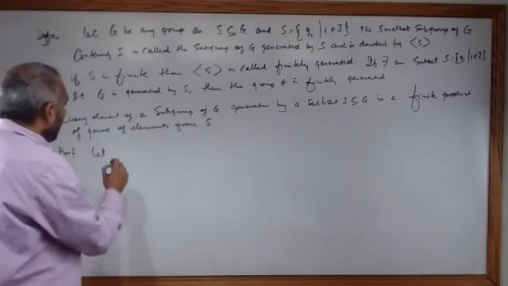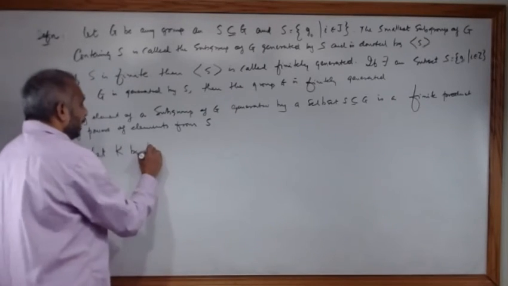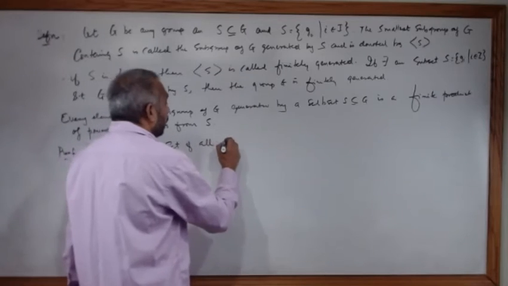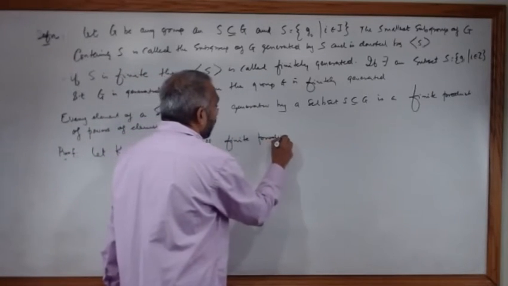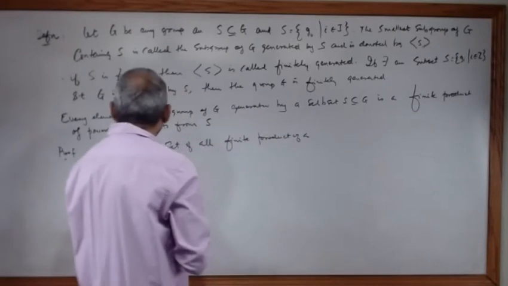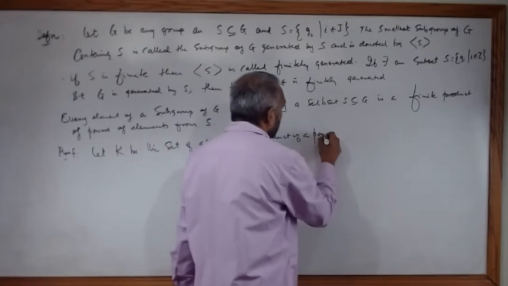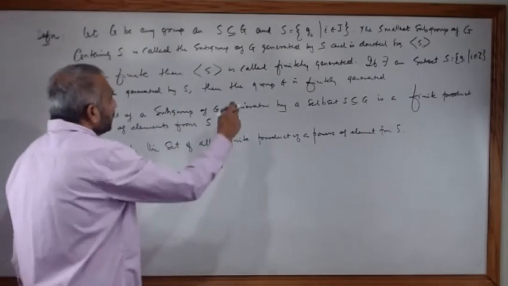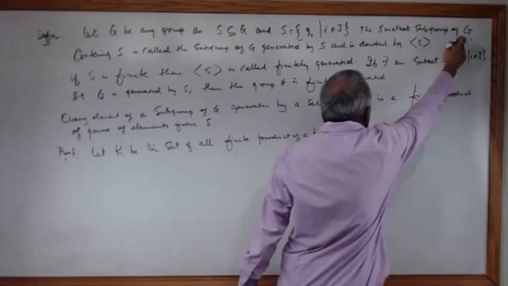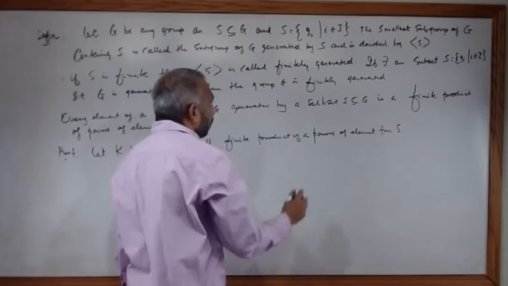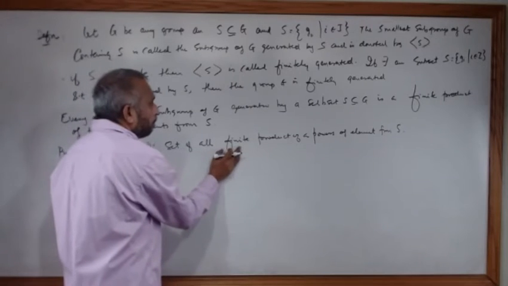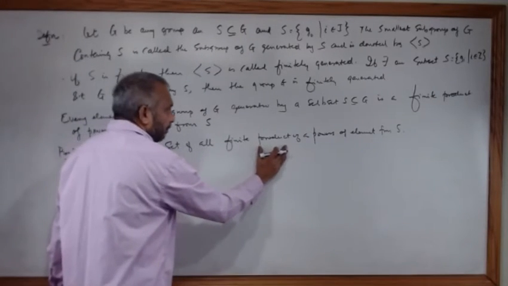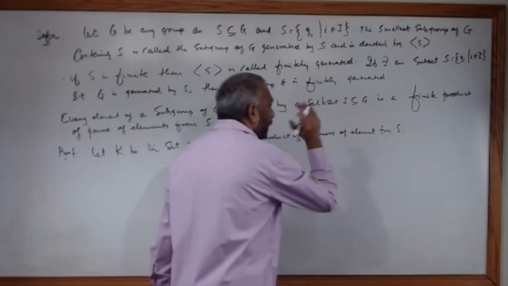Let K be the set of all finite products of powers of elements from S. See, it is the smallest subgroup of G containing S. So here we are taking the finite product of powers of elements, meaning this collection is a subset of the generated subgroup.